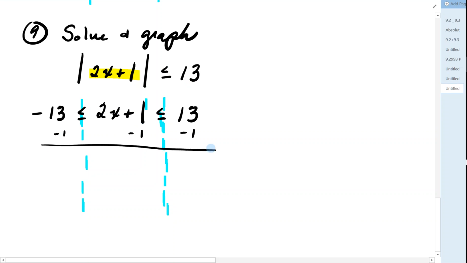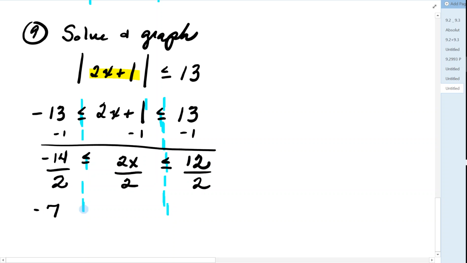-14 is less than or equal to 2x, less than or equal to 12. Divide by 2, divide by 2, divide by 2. That gives me -7 is less than or equal to x, which is less than or equal to 6.